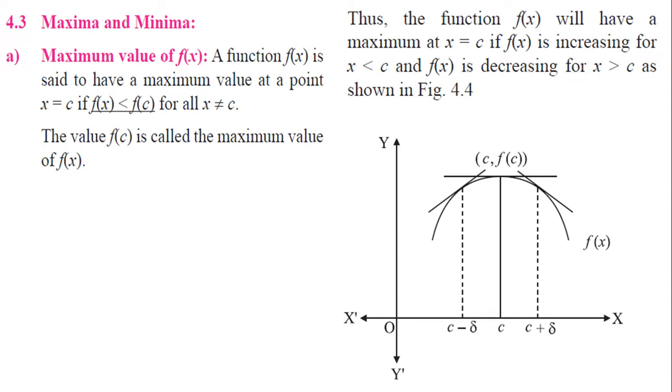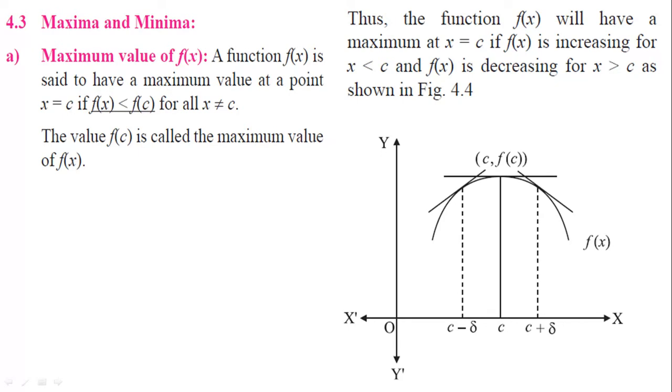See here, in this figure there is a point c on the x-axis at which the function attains a maximum value. In the graph, (c, f(c)) is the point at which the function attains a maximum value. In the neighborhood of c, that is c minus delta, where delta is a very small positive number, all the values before c, that is x less than c, are increasing values.